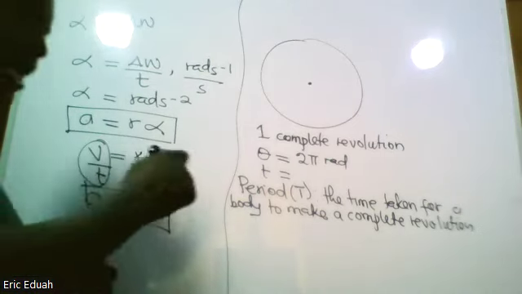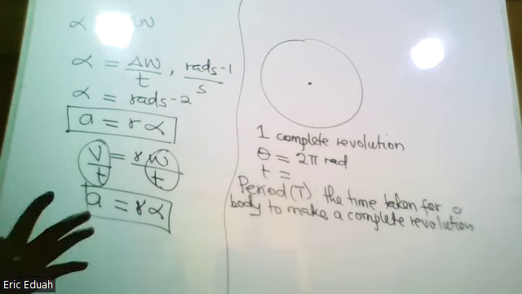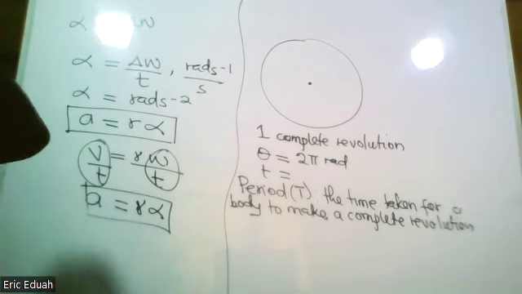Okay, so the period is defined as the time taken for a body to make a complete revolution, capital T.